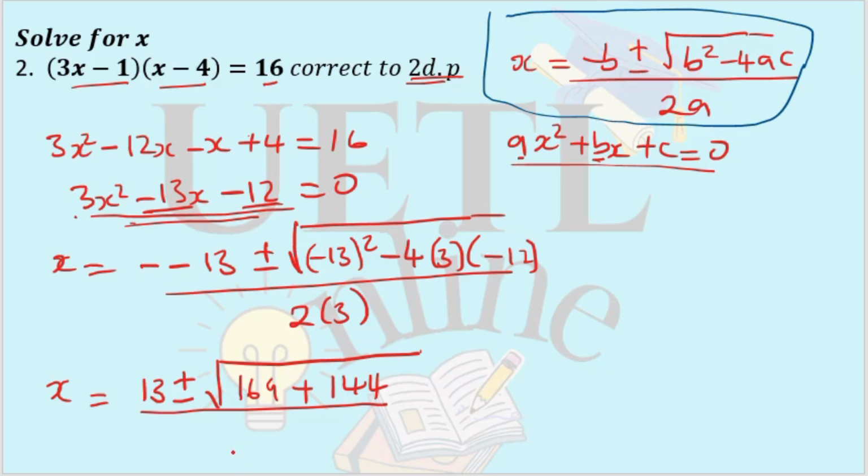Okay, so if you punch this on the calculator, you get 13 plus or minus root 313 over 6, right?